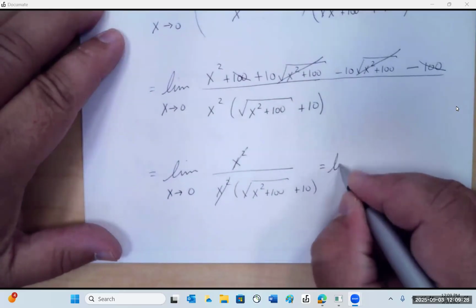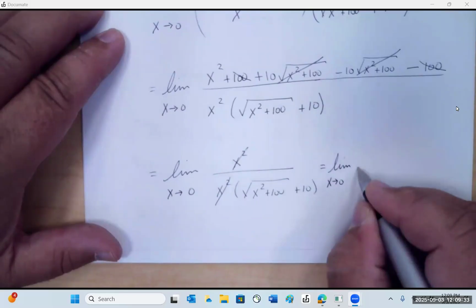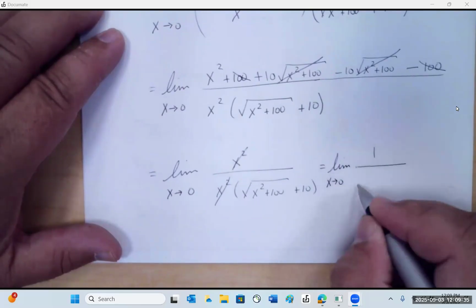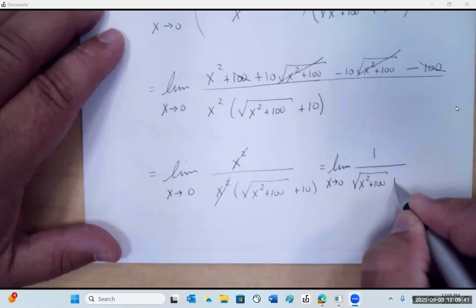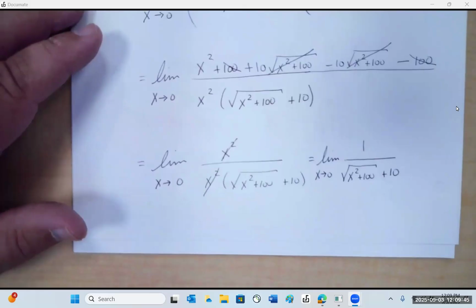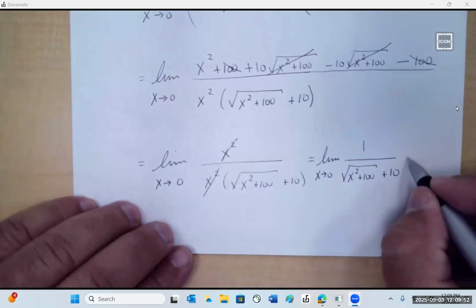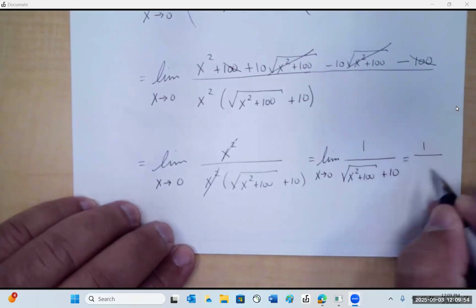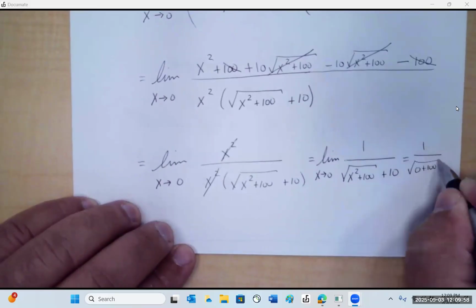So we have the limit as x approaches 0 of 1 over the square root of x squared plus 100, plus 10. We can't simplify anything further, so we just plug it in there. 1 over the square root of 0 plus 100, plus 10.